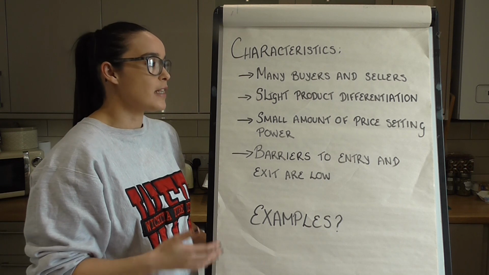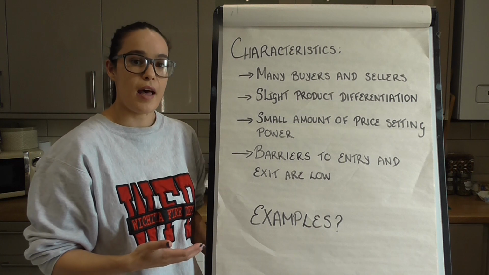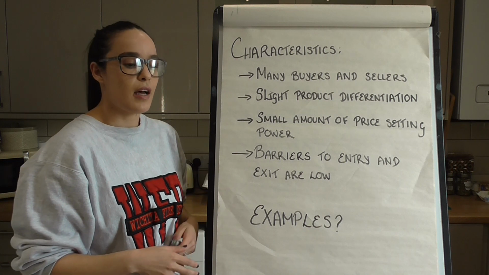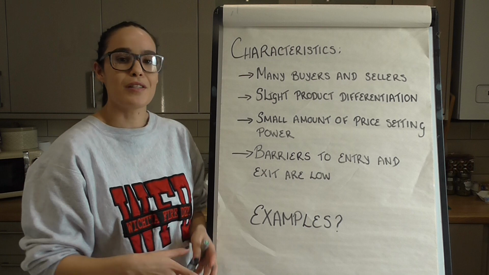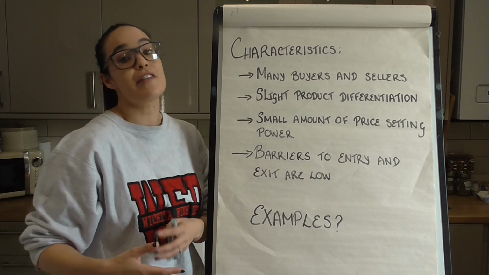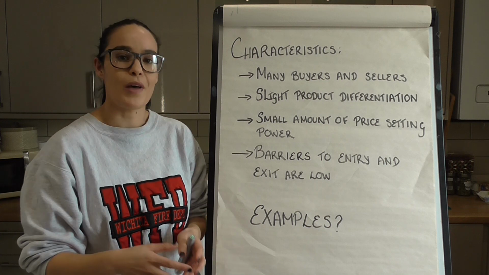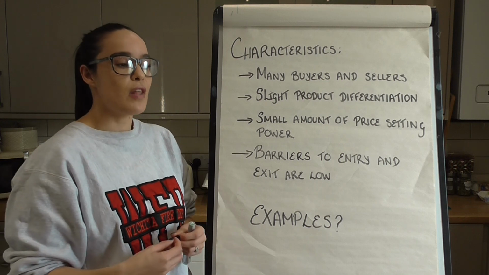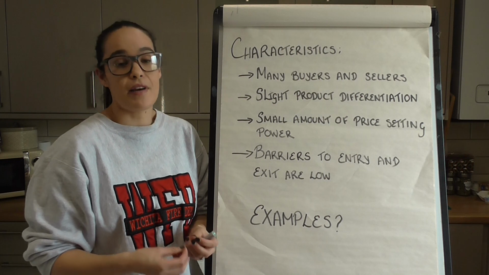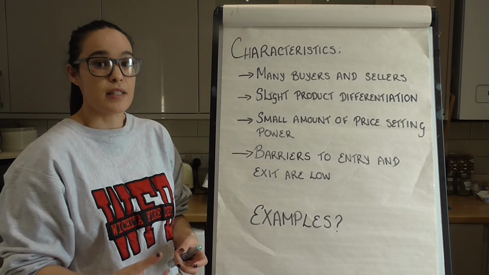So one of the things that might differentiate a product is time. So a train ticket from London to Sheffield might be a very different price if you go at 8 o'clock in the morning compared to 2 o'clock in the afternoon. So even though they are the exact same good, they're actually slightly differentiated.